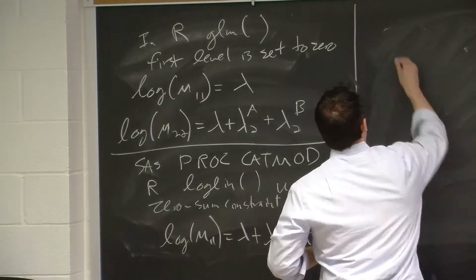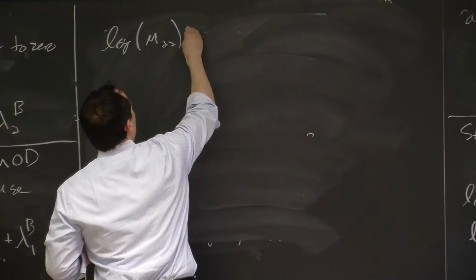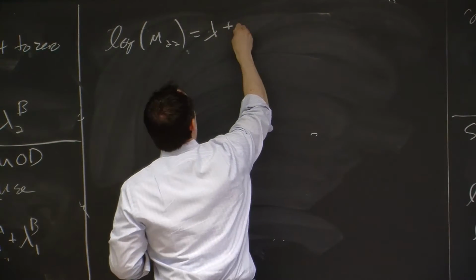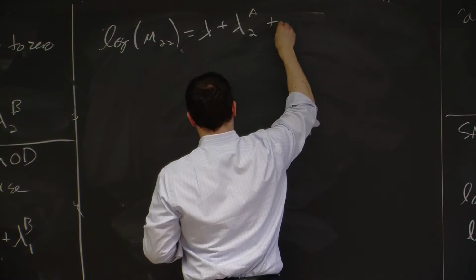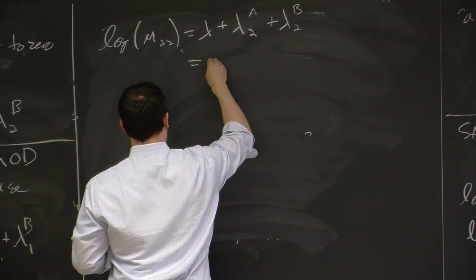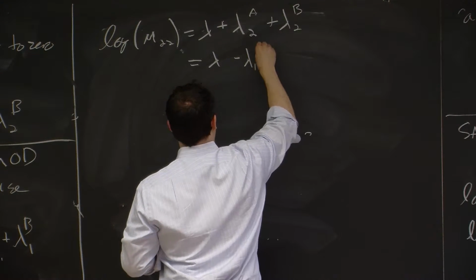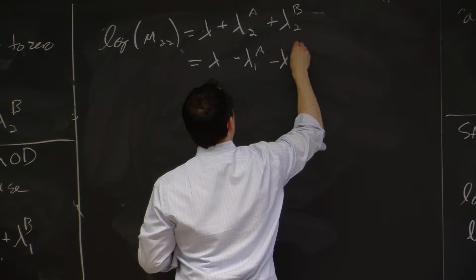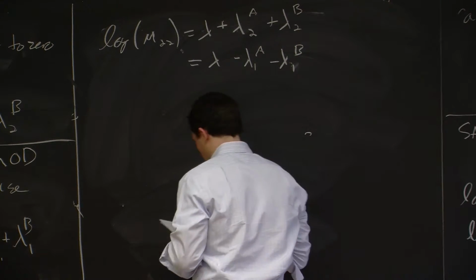And then log mu22 equals lambda plus lambda 2a plus lambda 2b, which is equal to lambda minus lambda 1a minus lambda 1b by this sum to 0 constraint.